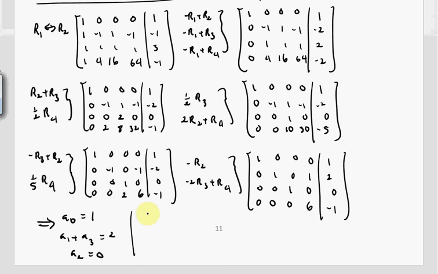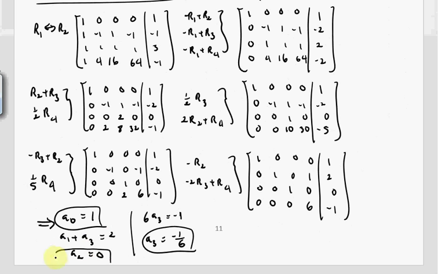And then I have 6 A sub 3 is equal to negative 1. So I get A sub 3 is equal to negative 1/6. We take negative 1/6, plug it in for A sub 3.